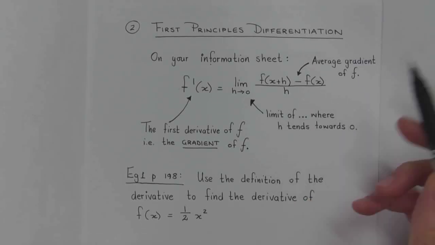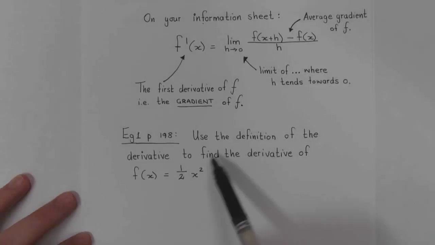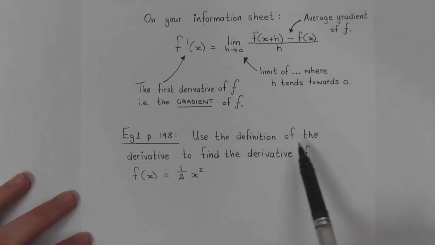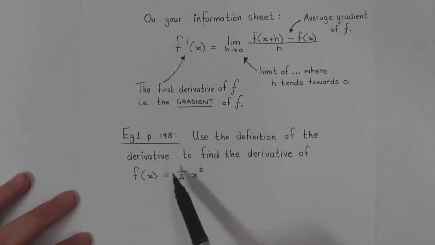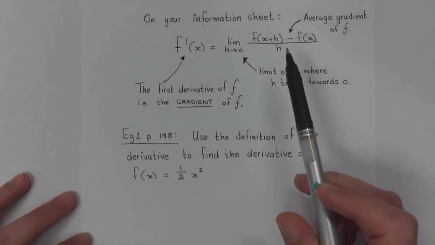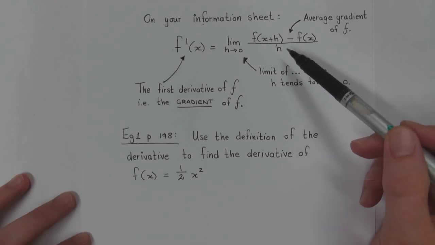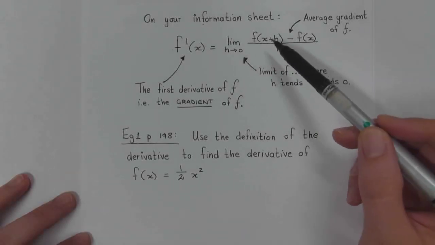So let's do an example of how this works. This is example 1 on page 198. It says, use the definition of the derivative to find the derivative of f(x) equal to a half x squared. So we are now going to employ this formula. But when we employ this formula, you need to realize I need a very important substitution, which is the f of x plus h.